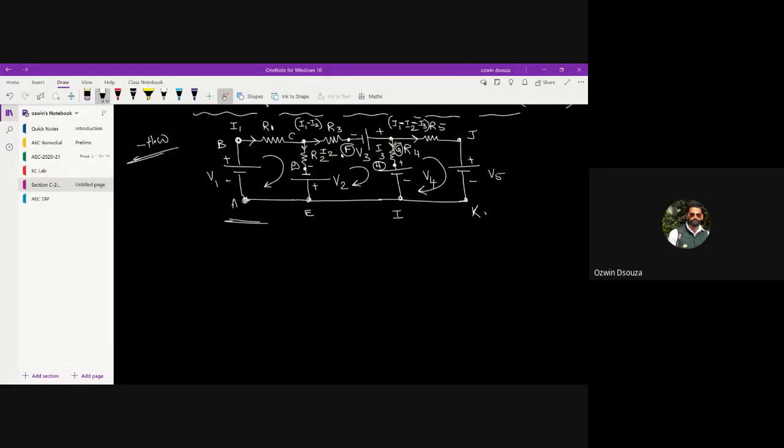If at all you haven't created a node, no problem.